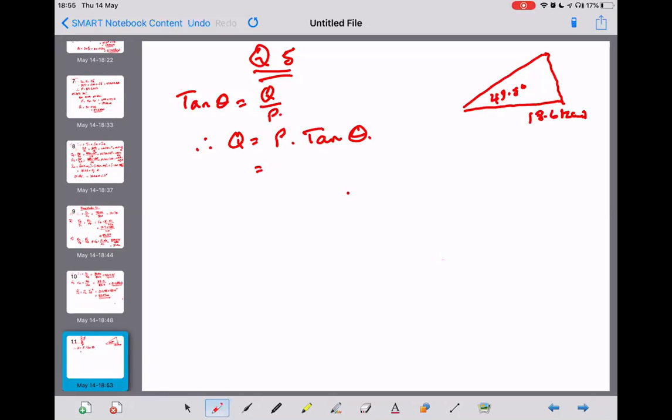So 18,600 times tan 49.5, and that equals 21.7 kVAR.